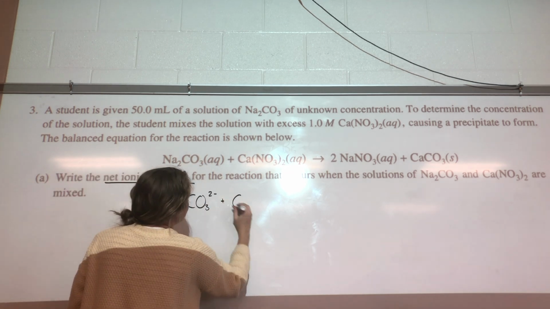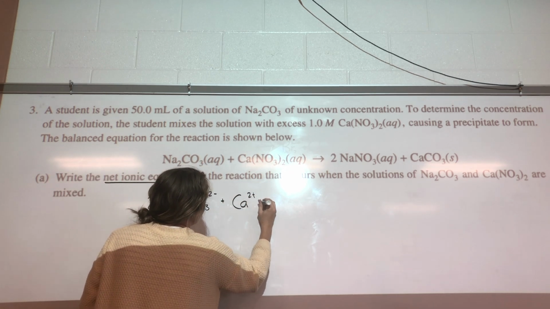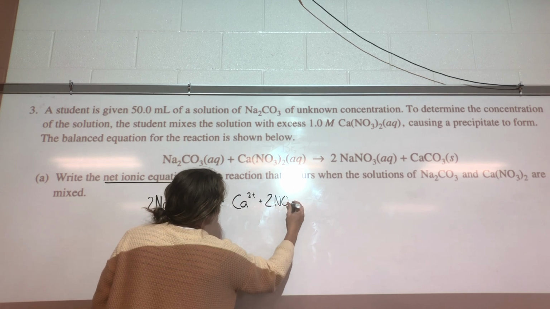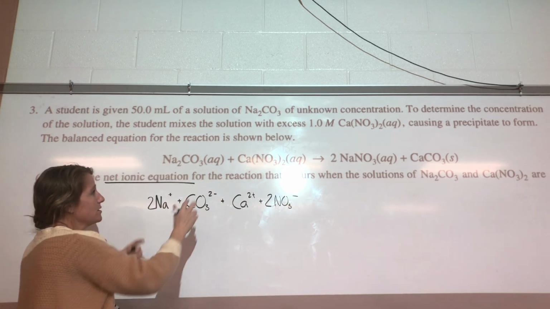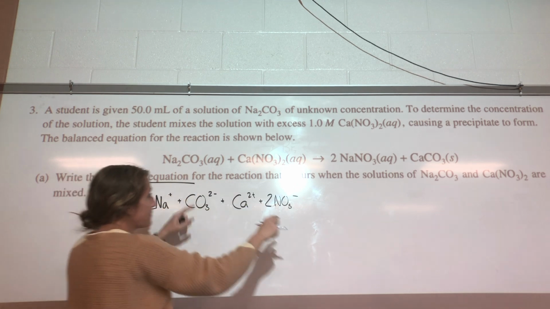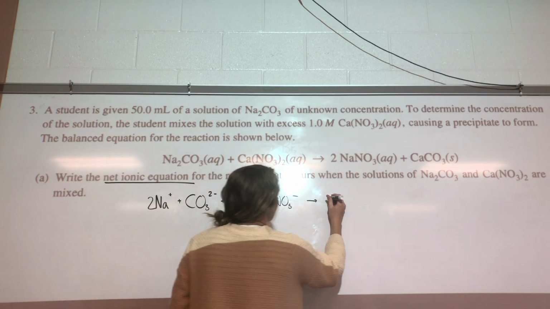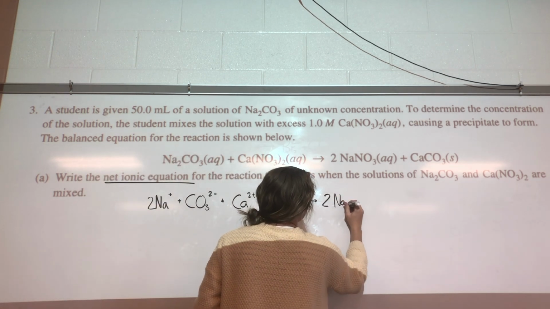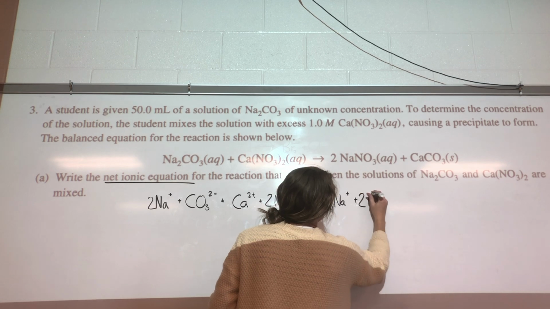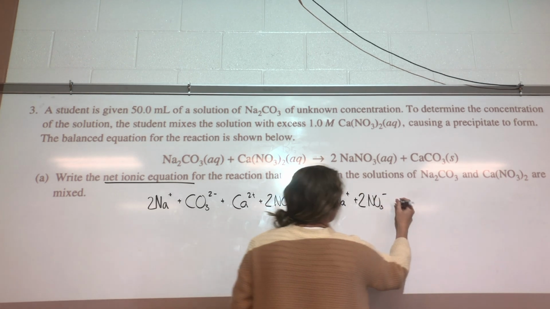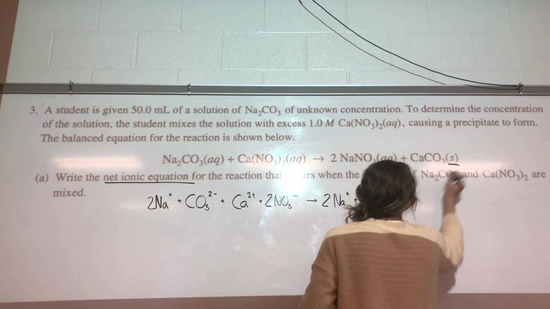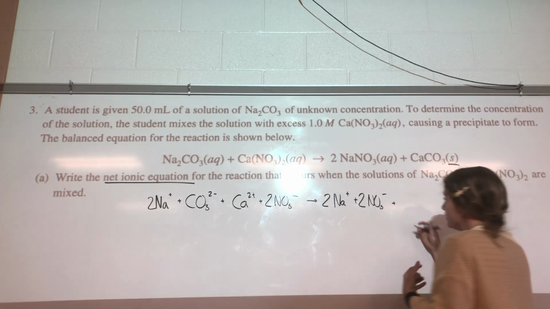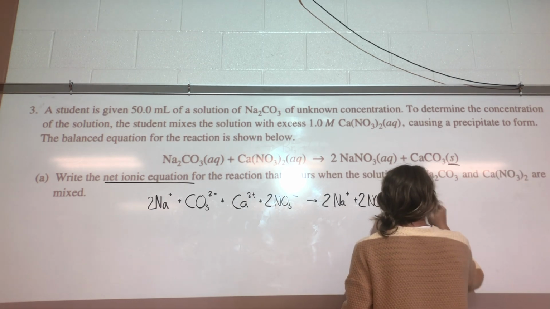And same thing here, you'd have calcium and then 2 nitrates floating around. So things that are aqueous and ionic separate. On the product side, we have 2 Na, 2 NO3, and then the precipitate, the solid, does stay together because it is insoluble.